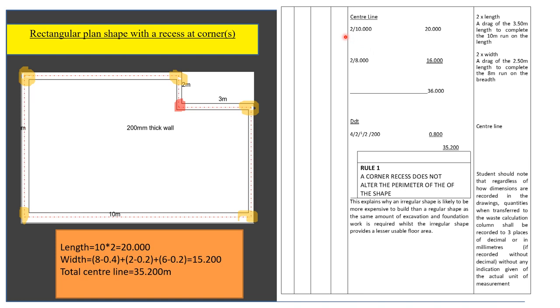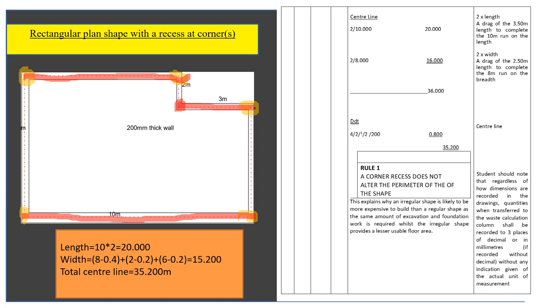For the external perimeter, this one is 10 meters, and for the length we have 10 meters made up of this one, then we take this one, so the length is 20 meters.